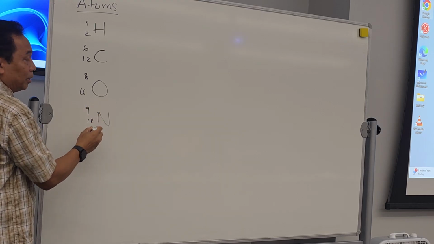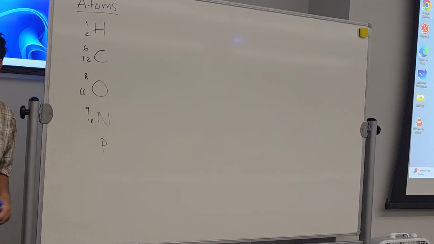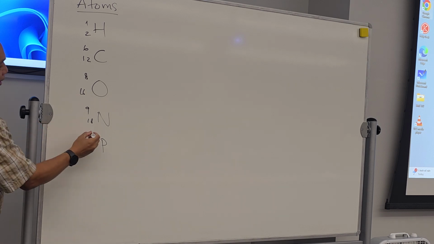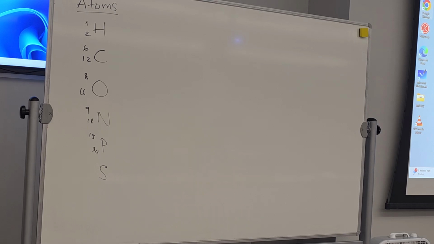9, 18. Okay, let's say phosphorus. What is phosphorus over there? P, 15, right? 15, 30. S, sulfur. What is S? 16.